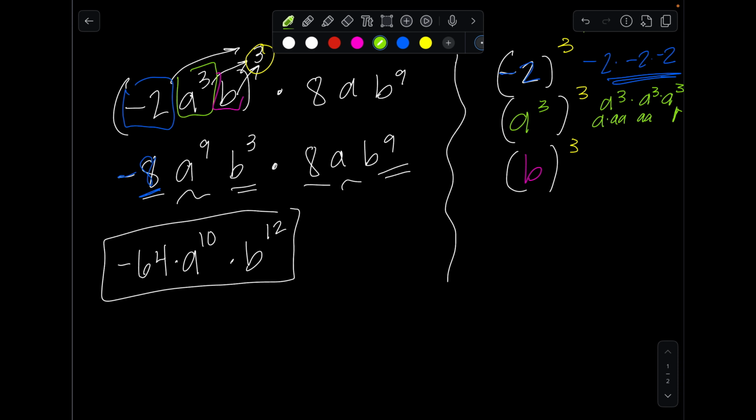This also means a times a times a, right? How many a's is that? 3, 3, 3. Not 9, right? 1, 2, 3, 4, 5, 6, 7, 8, 9. That's where we get 9. So this is called the power rule because you're taking these two powers and multiplying them when they're next to each other like that. 3 times 3.